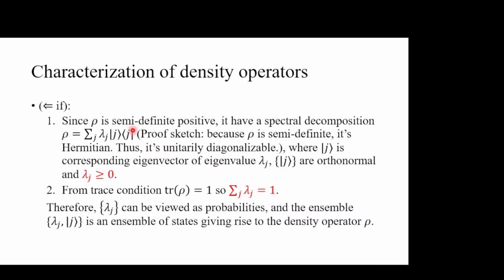So we write rho with this spectral decomposition, into its projections onto eigenvectors, summed with eigenvalues. So the |j> are eigenvectors, and the lambda j's are eigenvalues. We know it's unitarily diagonalizable, so that set of |j> are also orthonormal to each other, and those lambda j. And also because it's PSD.